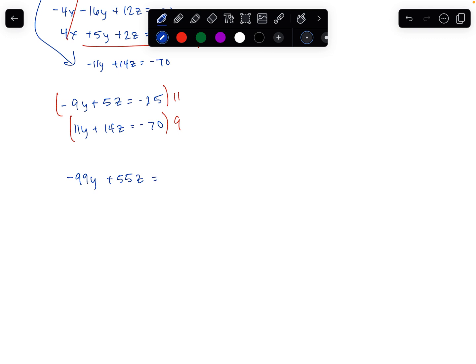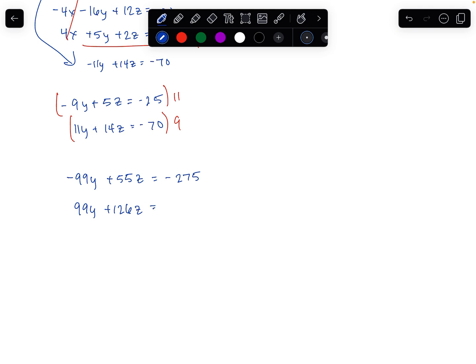55z equal to, let me get a calculator. Okay, we're going to do 25 times 11, and that's negative 275. 99y, and then 14 times 9. That's plus 126z equal to 9 times 7.